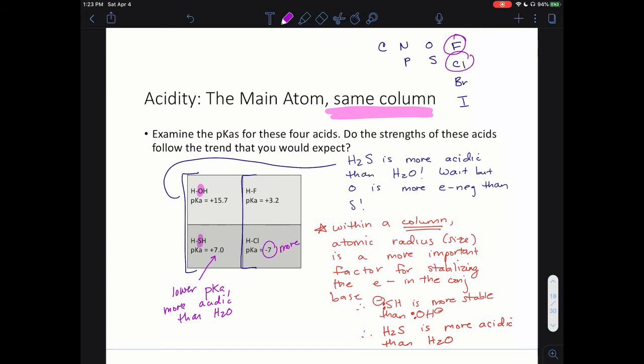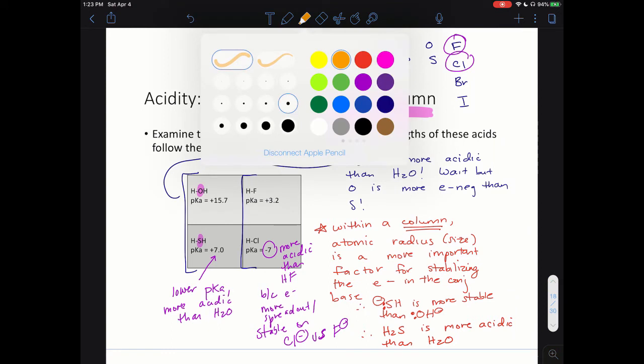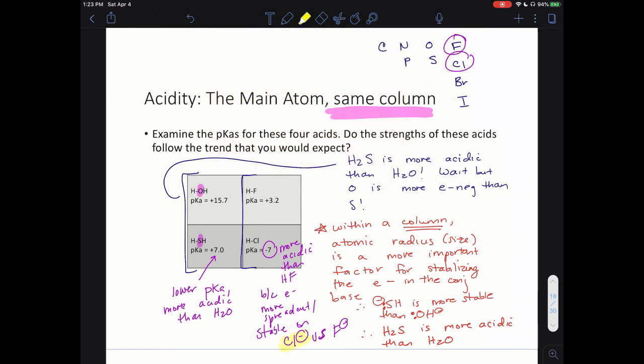HCl is more acidic than HF, and that is because the electrons are more spread out and more stable on chloride, the bigger ion, versus fluoride. And so more stable conjugate base, stronger acid. That is our mantra. More stable conjugate base, stronger acid.